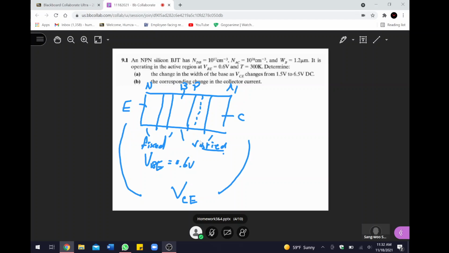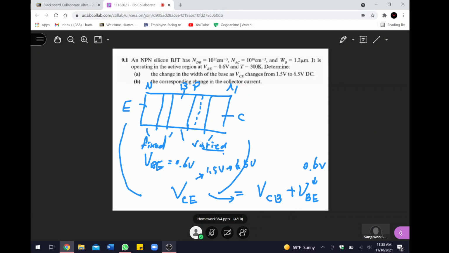If you look at the collector-emitter voltage, when you measure it, it is the voltage between the collector and base plus the base-emitter voltage. That represents the collector-emitter voltage. The base-emitter voltage is fixed at 0.6 volt, and we change the collector-emitter voltage from 1.5 volt to 6.5 volt.